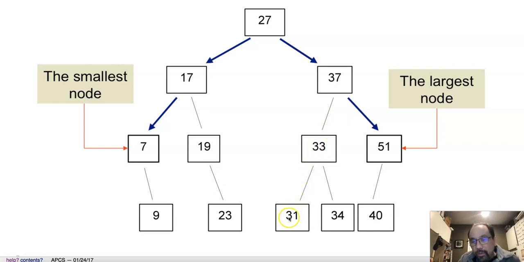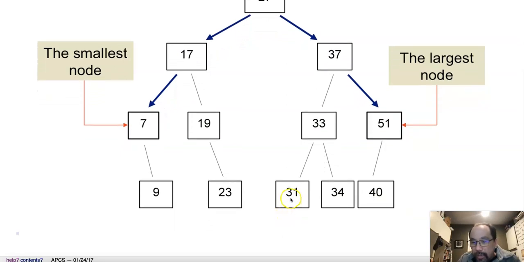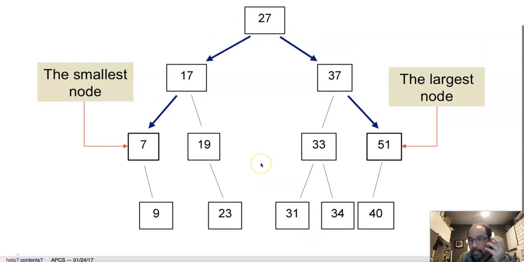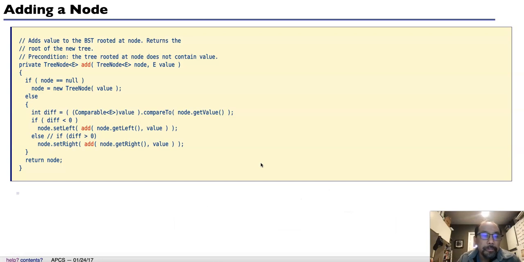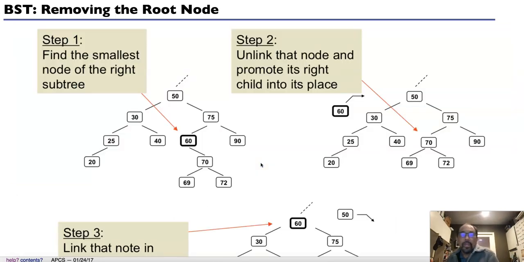Is 32 greater or less than this? If it's greater, then we add 32 down to the right side. So you can see insertion in that case is pretty much a log n activity. It just took us 1, 2, 3, 4 steps to find out where to insert that. So that's the basic idea of inserting into a binary search tree.